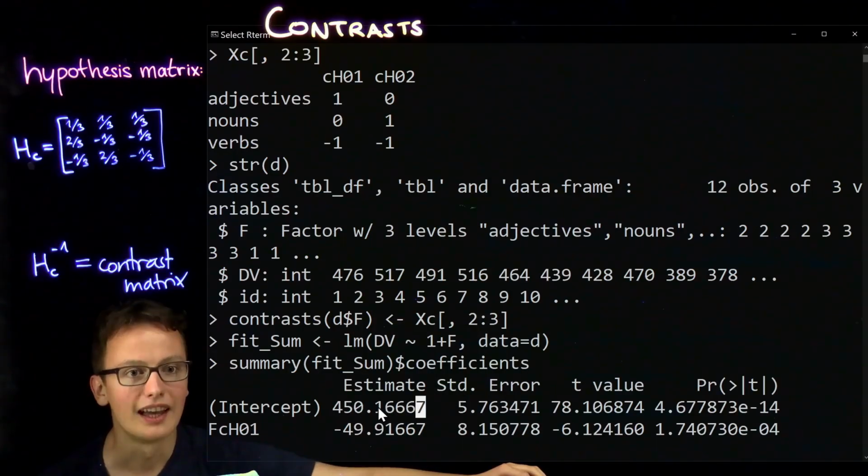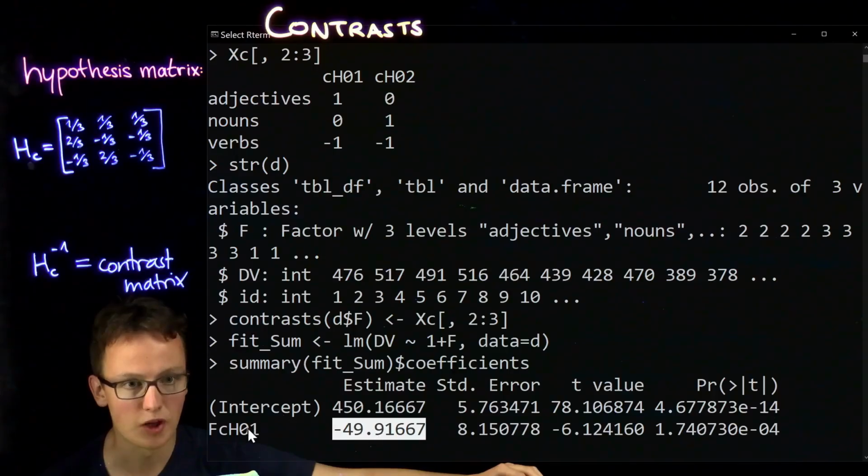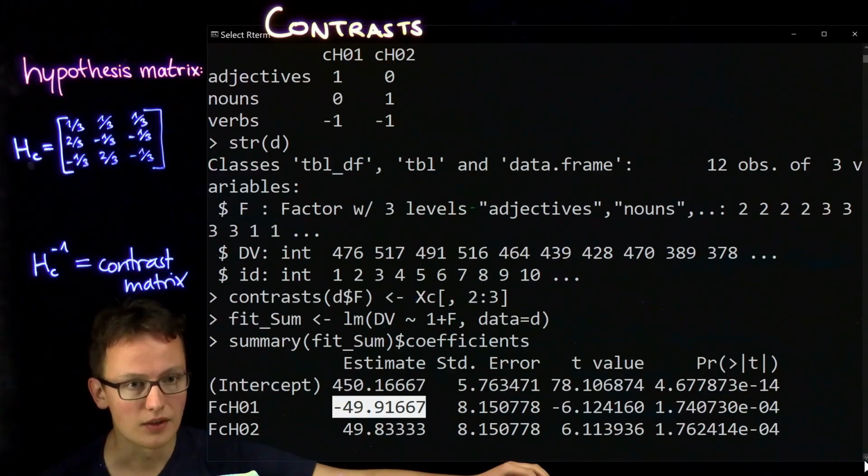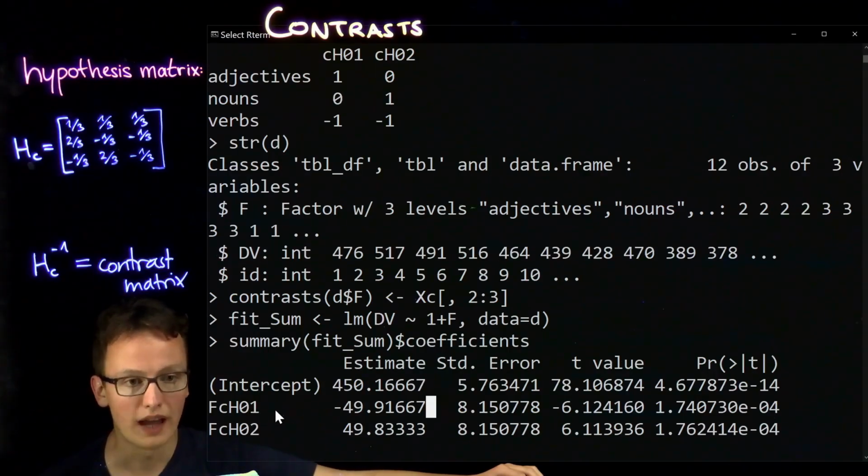And here we have the slope, the first slope regarding the first hypothesis, corresponding to the question if adjectives are different from the grand mean. And so here it says that, indeed, in order to get to the level of adjectives, we have to go down from the grand mean by 49.9 milliseconds.